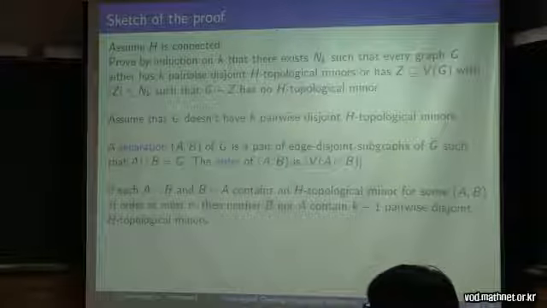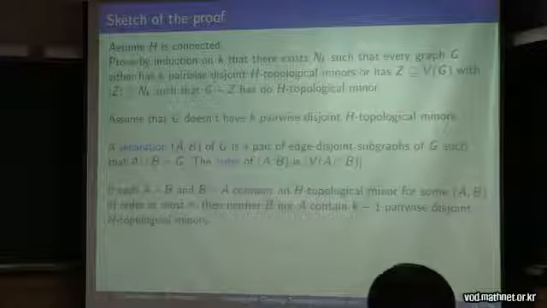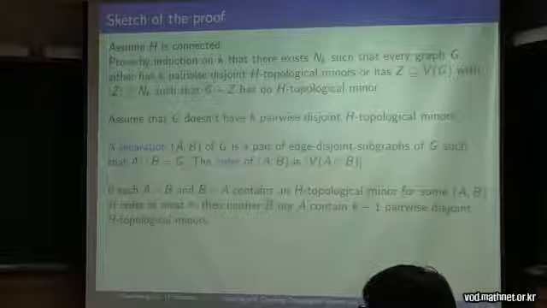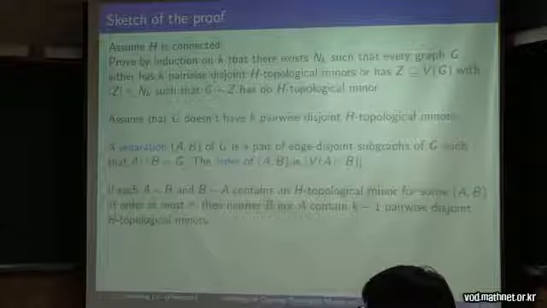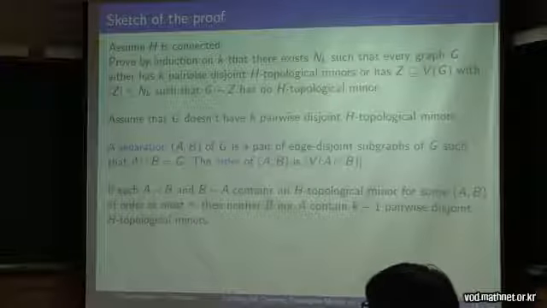So I can delete a set of vertices Z_B with size at most n_{K-1}, and then B has no H topological minors. Similarly, because I have one H topological minor in B minus A, in A I cannot have K minus 1 disjoint topological minors. So again, I can delete a set Z_A with size also like this.